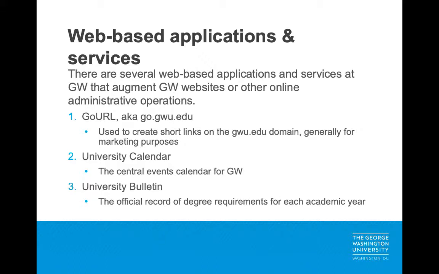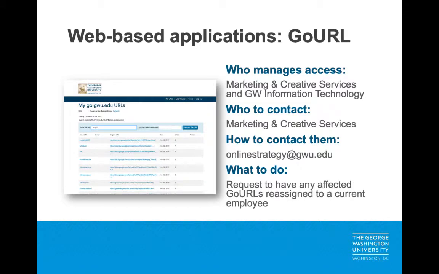So next, talking about web-based applications and services, there are some within GW, and these are typically all used to kind of augment either your websites or your online administrative operations. And some of these are actually third-party vendor-based as well. So with GoURL, these are used to create short links, typically for marketing purposes.